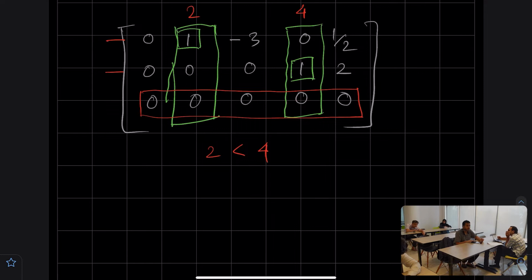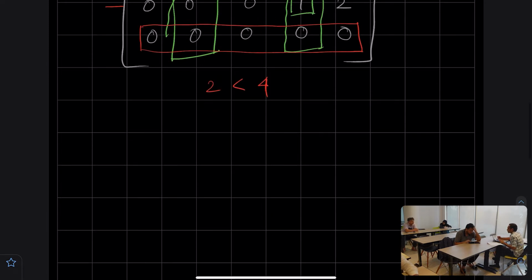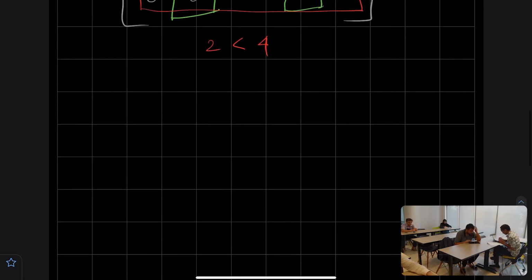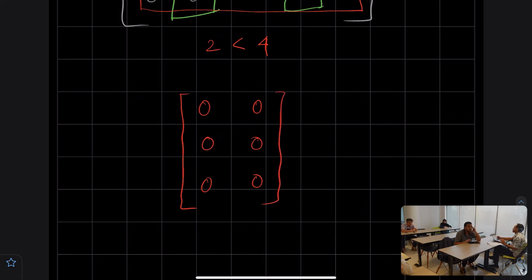So it is 0, 0, 0, 0, 0, 0. Is this matrix a row reduced echelon matrix?